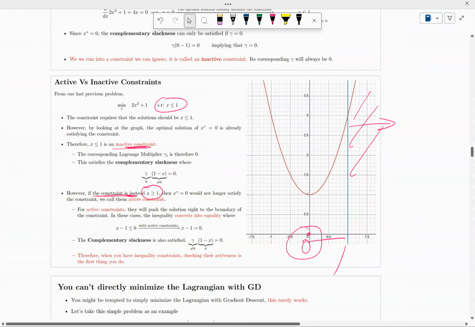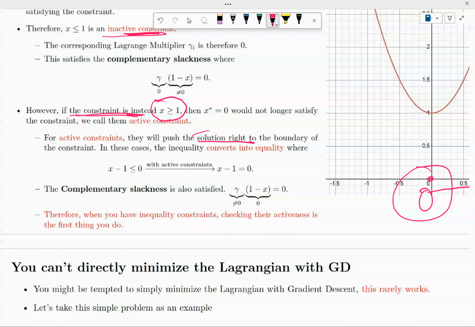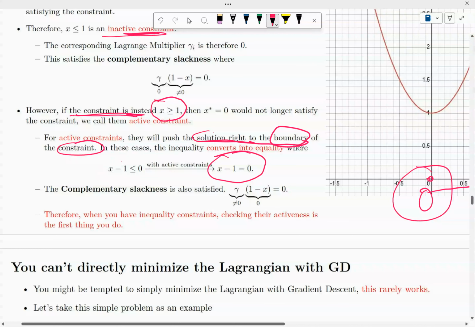So if it's activated, you push the solution to the boundary of the constraint. Therefore, we know the inequality constraint becomes an equality constraint, telling us that x must equal 1.